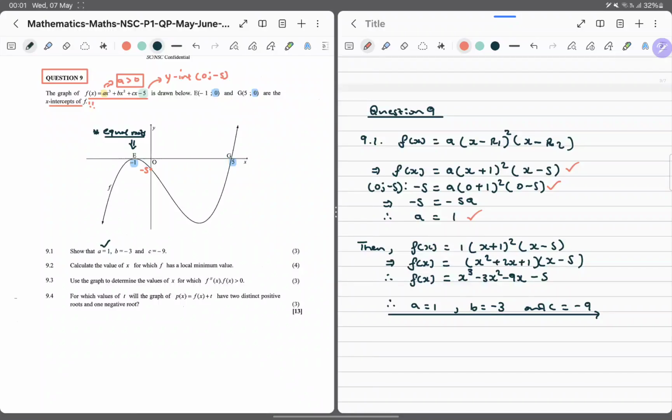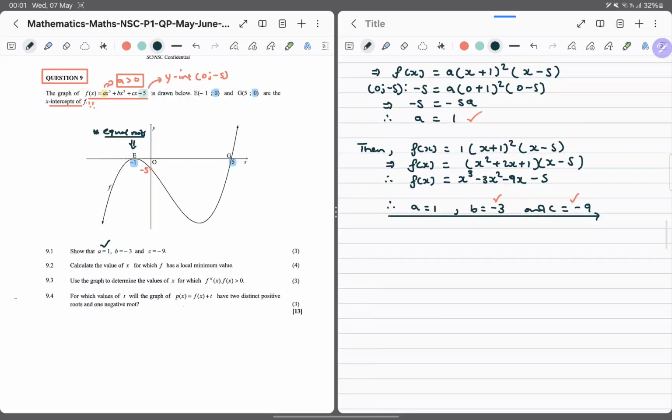So basically, the marks are now here and here, but this should have been 4 marks at least. But it looks like the examiners are like, no, we don't care about how you get the answers. It's all about those answers at the end of the day. Okay, let's leave it at that.